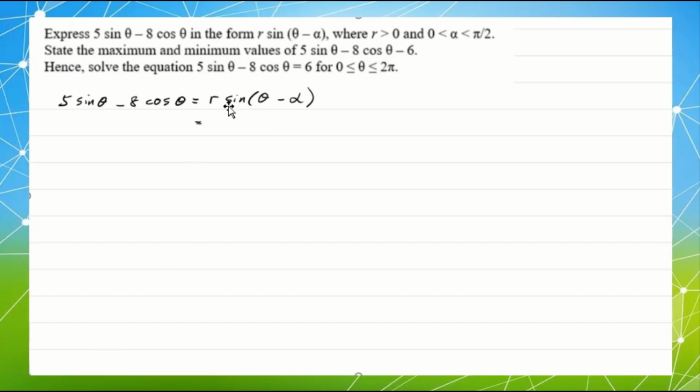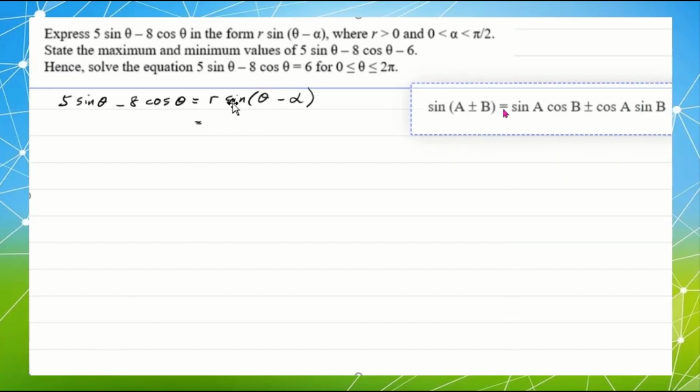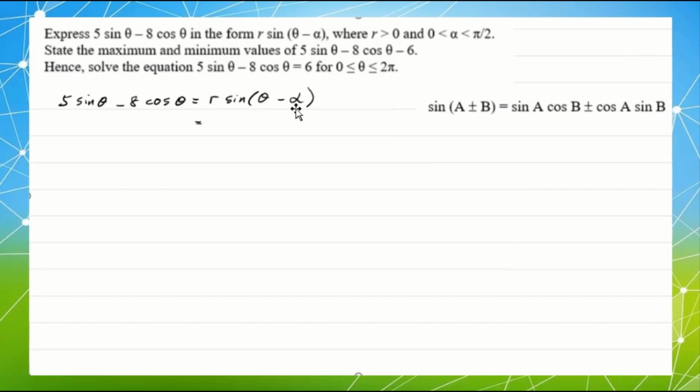So first we need to expand sin of theta minus alpha by using the trigonometry identity. After expanding, we will get sin theta cos alpha minus cos theta sin alpha. Then we multiply by R, which becomes R sin theta cos alpha minus R cos theta sin alpha.